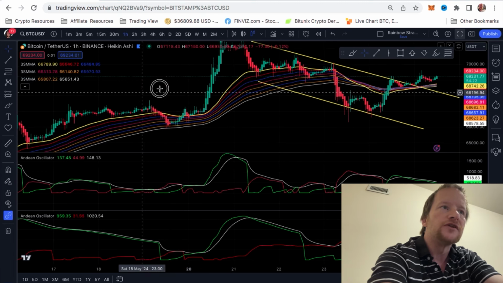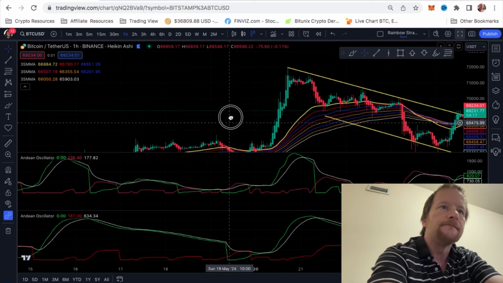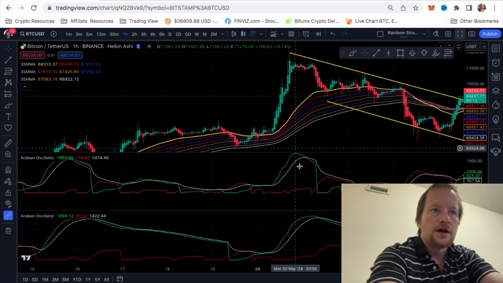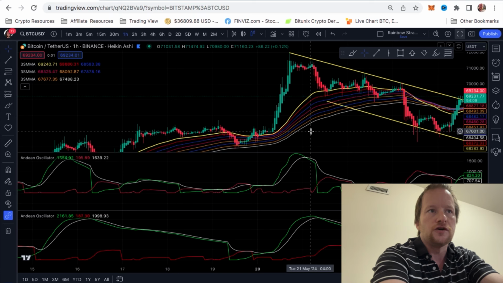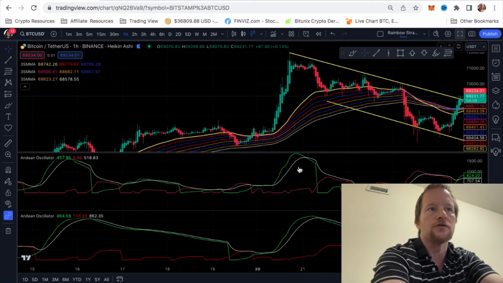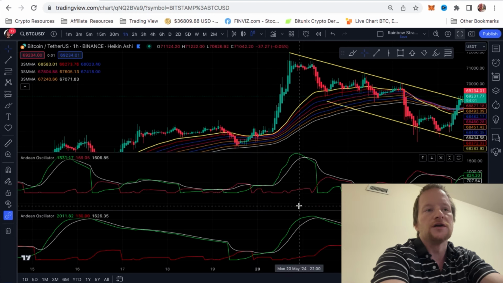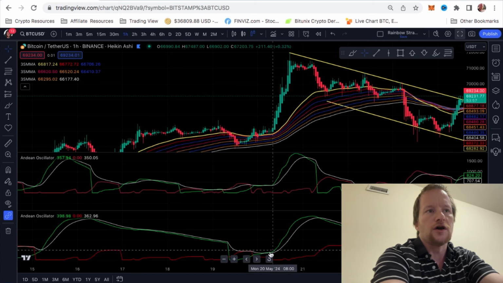Now, you also would need the rainbow strategy. I include that here. With the Andean oscillator, the part of this strategy is to focus on when either the red or the green crosses up on the signal line. So what you need to look for is when the lines cross up.